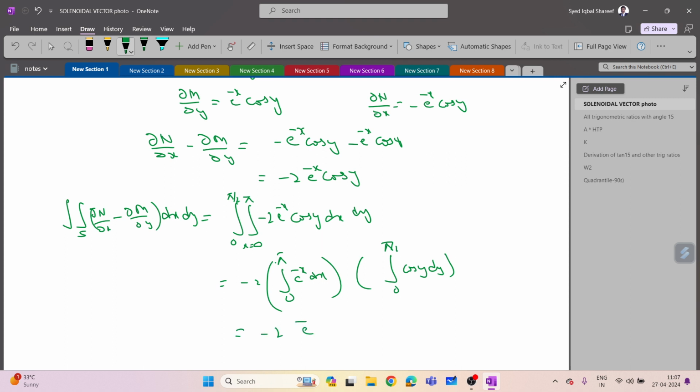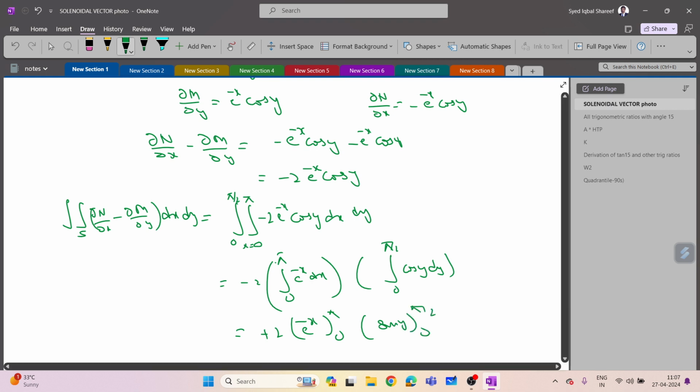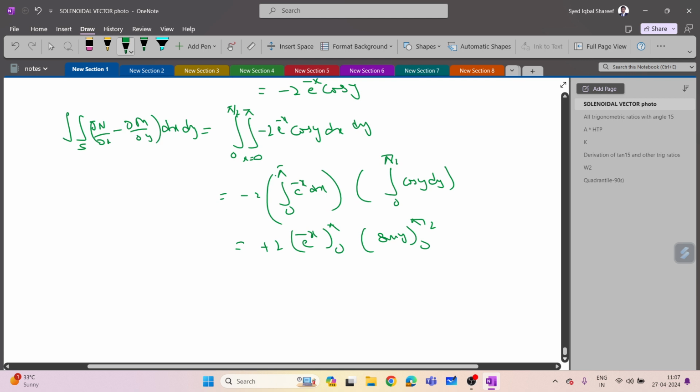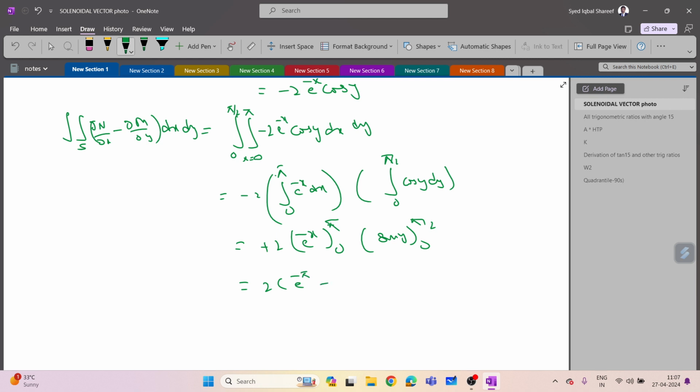Now 2 times the integral of e to the power of minus x is minus e to the power of minus x from 0 to pi, and the integration of cos y is sin y from 0 to pi by 2. So this is 2 times e to the power of minus pi minus e to the power of 0, into sin pi by 2 minus sin 0.